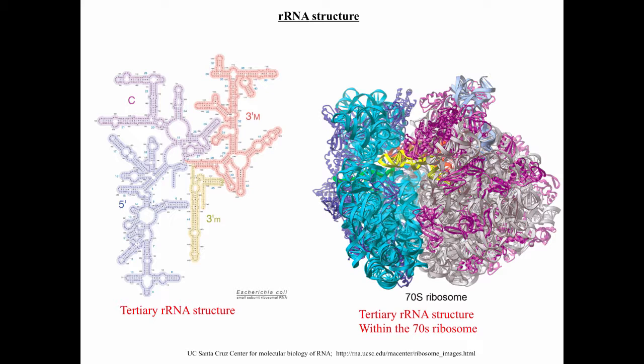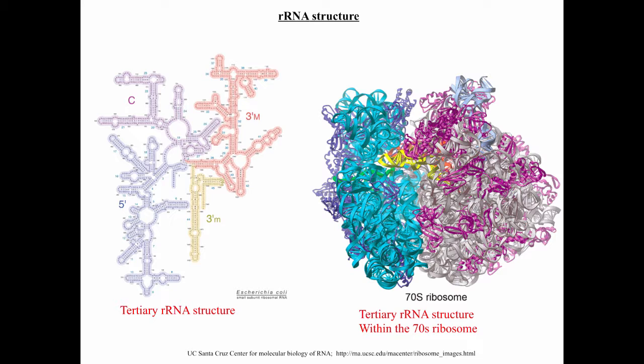Okay, so RNA structure is actually really quite interesting and very complex. rRNA forms very intricate structures characterized by lots of stem loops, bulges, and non-canonical base pairing. This is the tertiary structure of RNA.